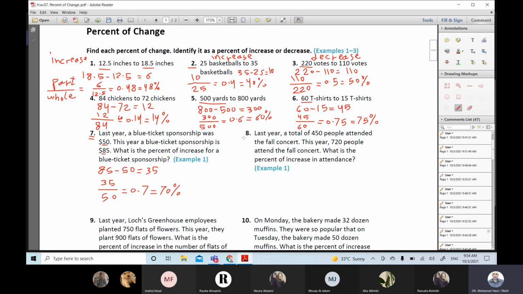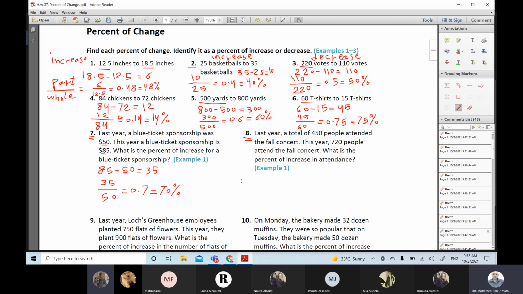Who can read exercise number 8, please? Mister, can I read? Yes, Sheikha. Sheikha, can you read exercise number 8, please?